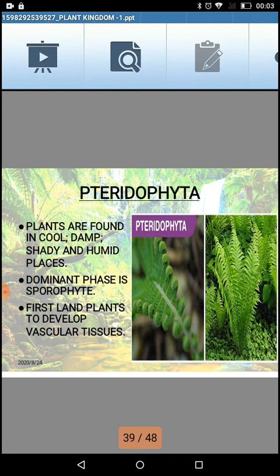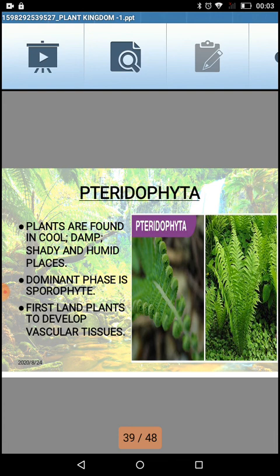Vascular plants means they have the presence of xylem and phloem, but they have somewhat similar habitats when we talk about Bryophyta. They grow in cool, damp, shady, humid places. They need moisture to grow. Their dominant phase is the sporophyte, and the gametophyte is very short lived, but it is independent.